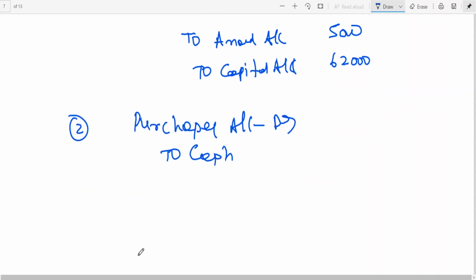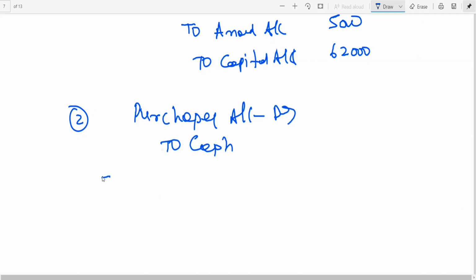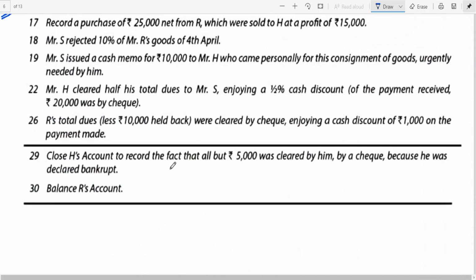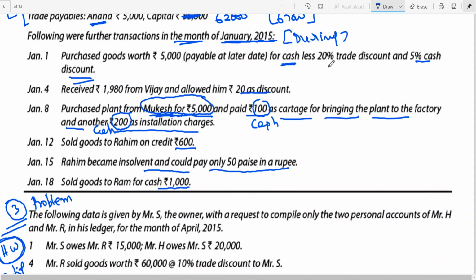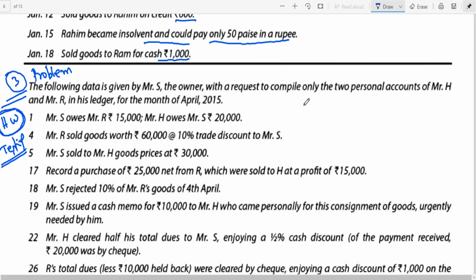Now what is the actual price? 5,000 is the list price. I am assuming 5,000 as list price. What is trade discount? 20% trade discount, 5% cash discount.